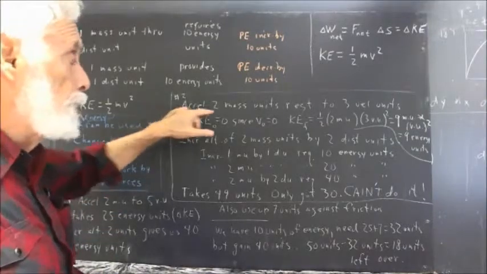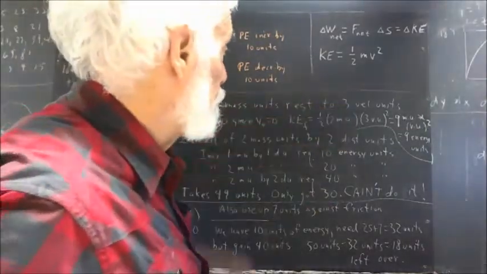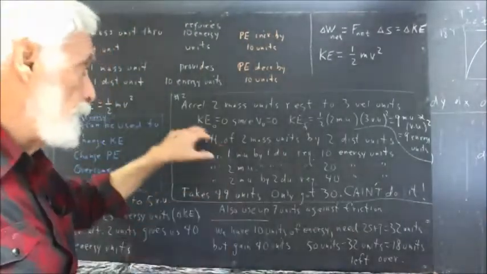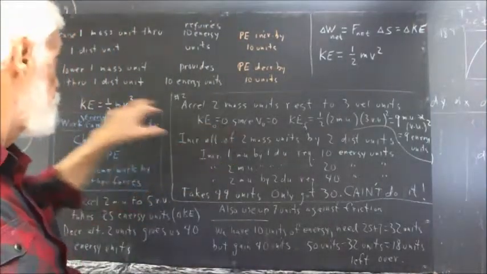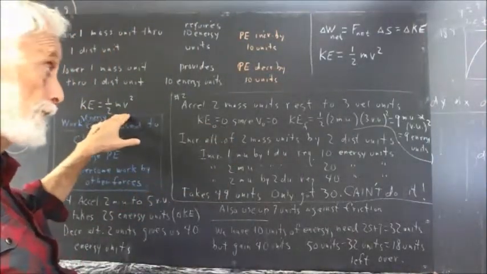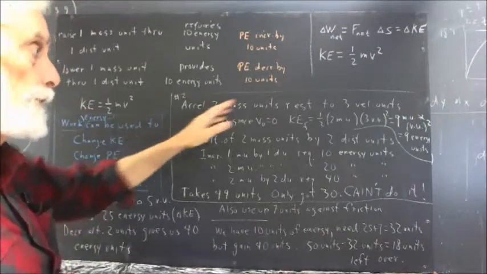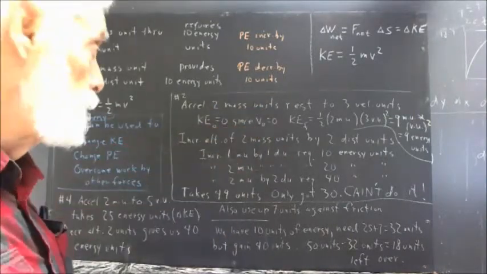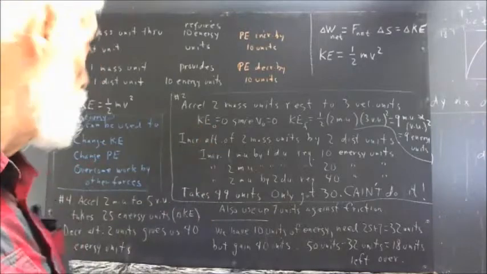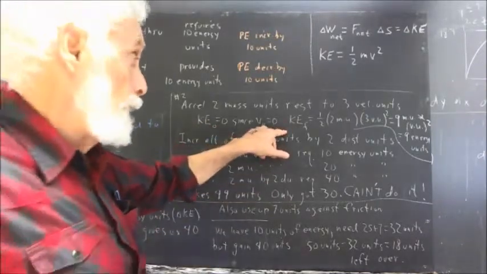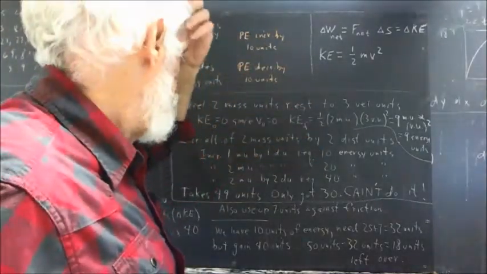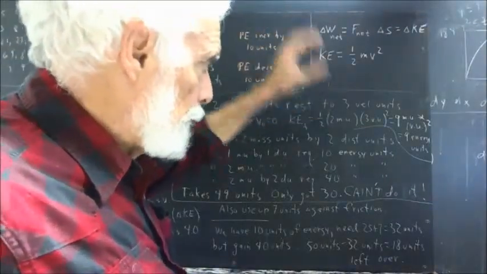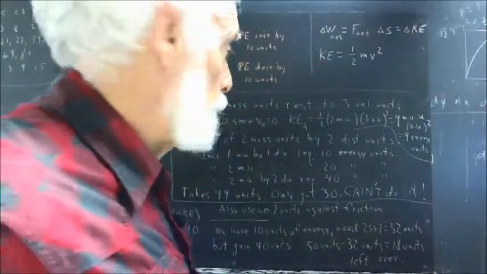So to accelerate 2 mass units from rest to 3 velocity units, the initial kinetic energy is 0, since kinetic energy is 1/2 mass times velocity squared, and the thing is initially at rest, so it has 0 velocity, so it has 0 kinetic energy. Final kinetic energy is 1/2 of the number of mass units times the square of the number of velocity units.